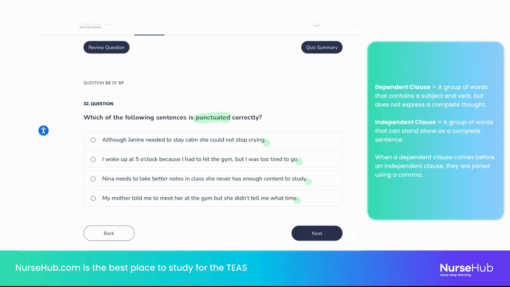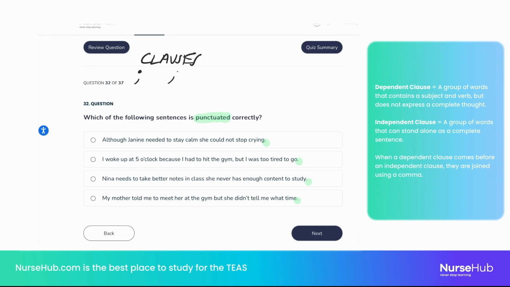All right, now here we are looking at 2 separate clauses. Okay, and we are looking at these clauses that are connected. And when you connect 2 clauses, you need some type of punctuation. In some cases, it might be a semicolon.